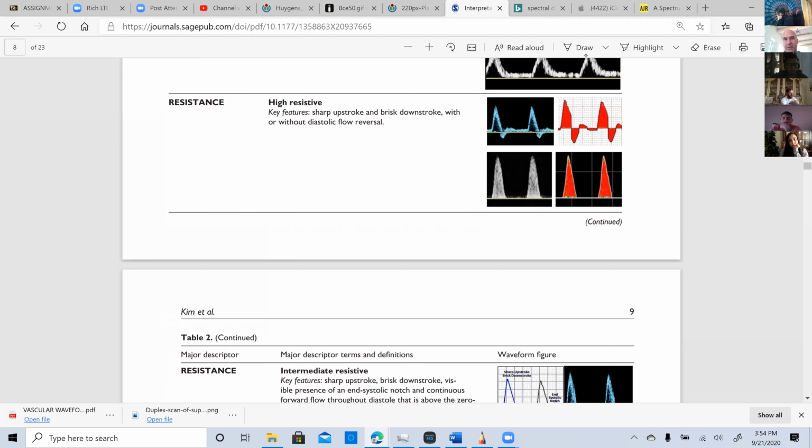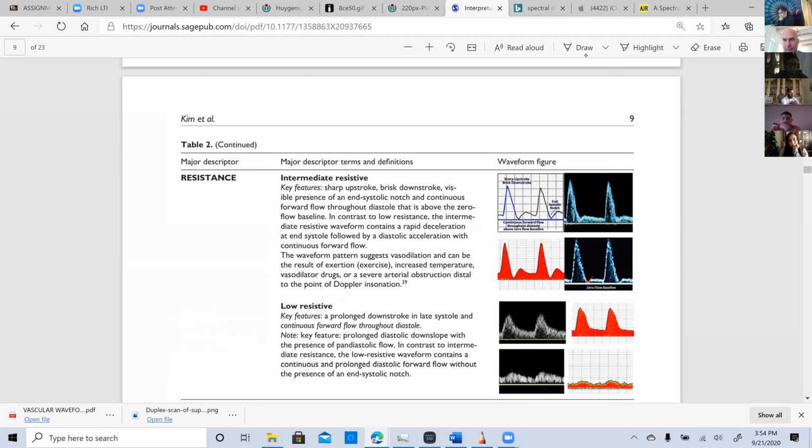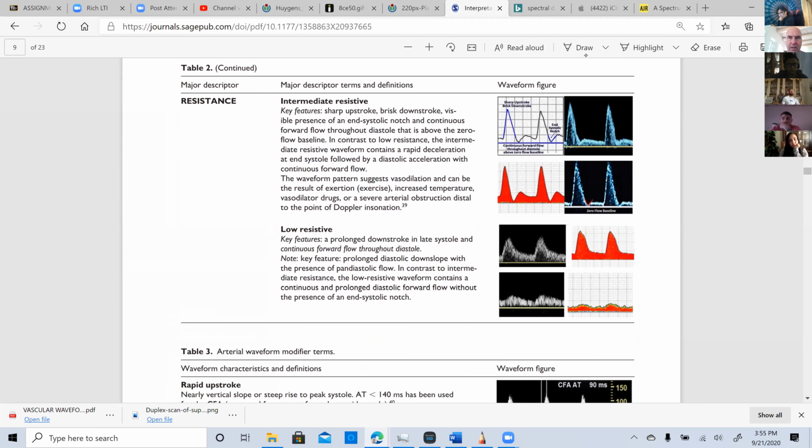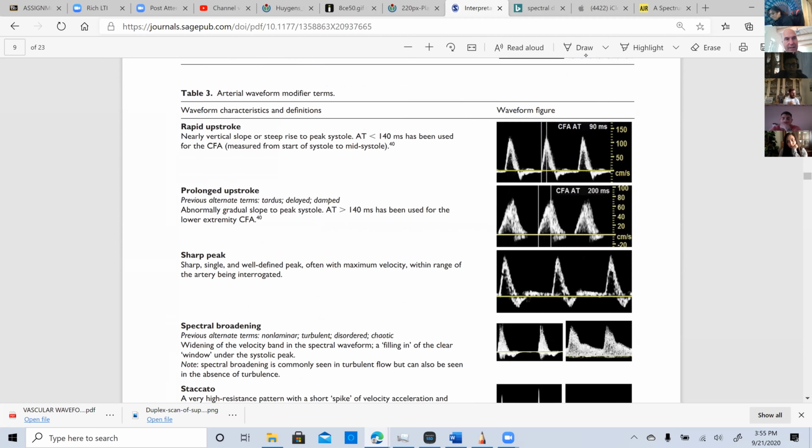High resistance, you guys know if there's zero or very little flow in end diastole, it's high resistance. Intermediate resistance, so there's flow, but not a whole lot. And then low resistance, you guys know what that is. Plenty of flow in end diastole.